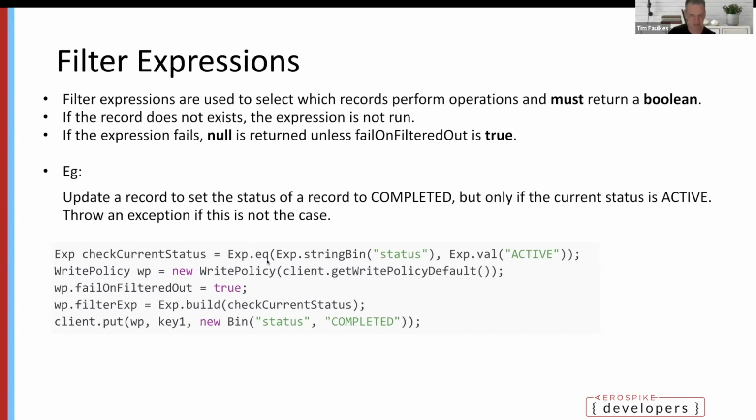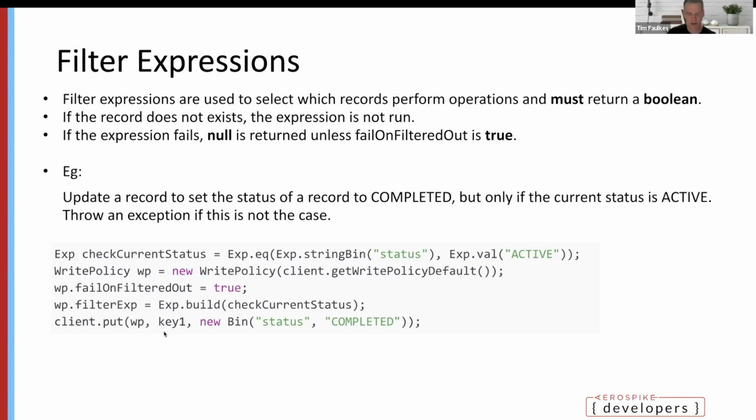I just need an equality, and I'm going to say, is my string bin of status equal to active? I'm going to put that on my client policy. So I'm going to create my client policy. I'm going to set fail on filtered out because in this case, I do want an exception thrown if this is false. I'm going to set my filter expression to be this expression. And then I'm going to go and put that record.